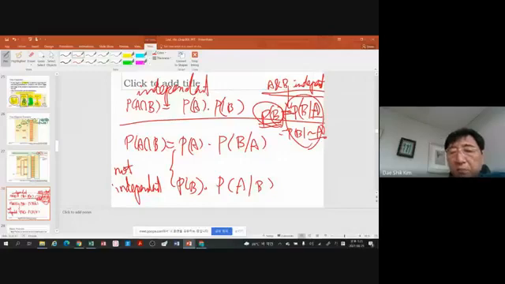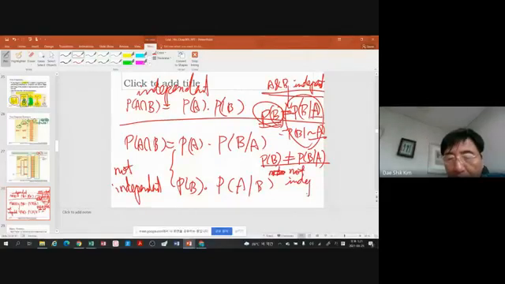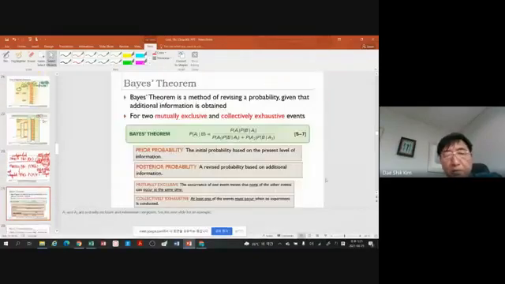Okay, but usually P(B) is not equal to P(B given A) because they are not independent. If they are not independent, it's totally different. You need to understand this one. Bayes' theorem.